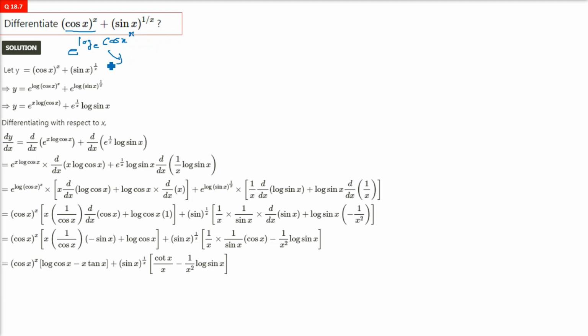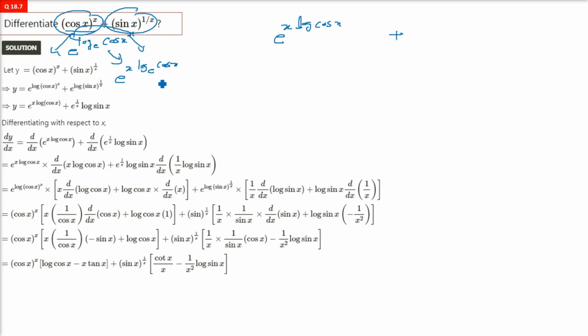So cos x to the power x can be written with x coming in front, as e to the power x log base e of cos x. Now we have sin x to the power 1 by x.